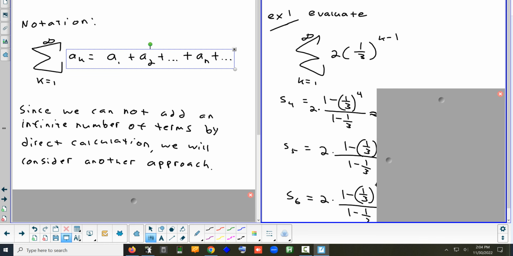Then we're going to add up the first 5. Then we're going to add up the first 6. This is the formula I just showed you in the last section. Is adding up 4 things adding up an infinite amount of things? No. But it's probably a good enough idea that if I add up 4, I'm going to be able to see what this is getting close to.